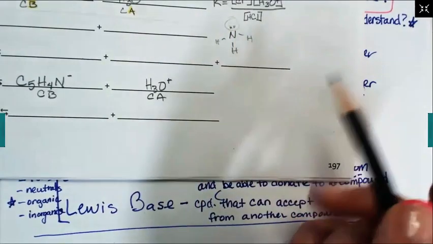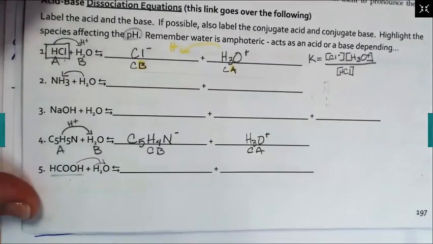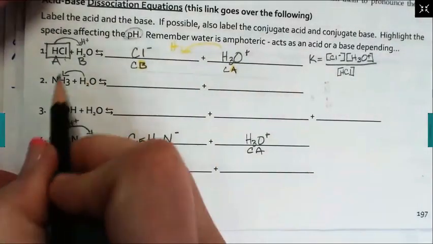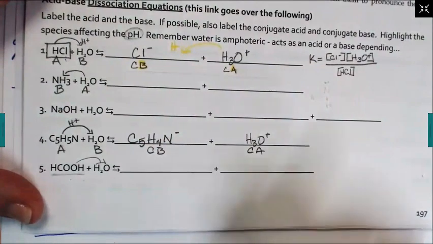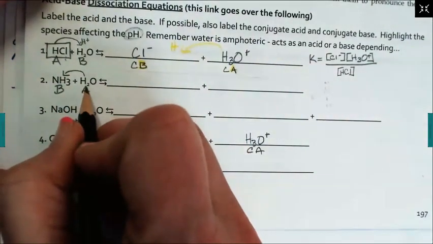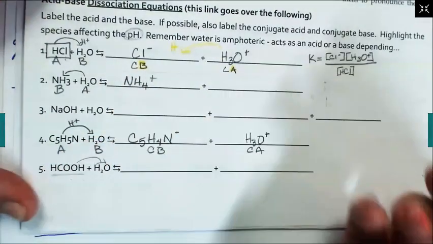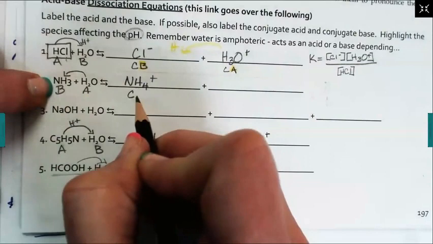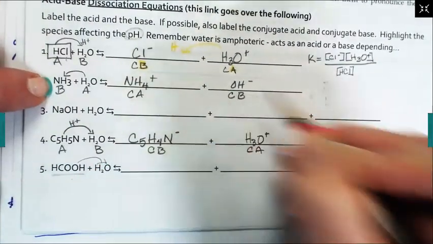It's not going to work out losing a hydrogen without something else going on. So that means this is the acid, this is the base. I'm going to get NH4 plus for my conjugate acid and OH minus for my conjugate base.